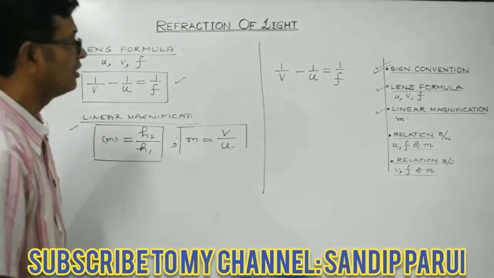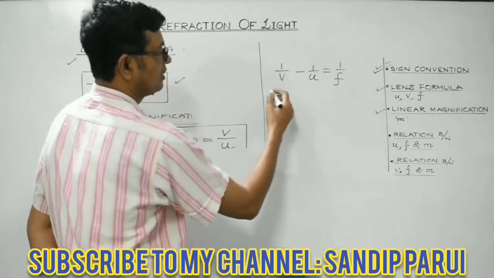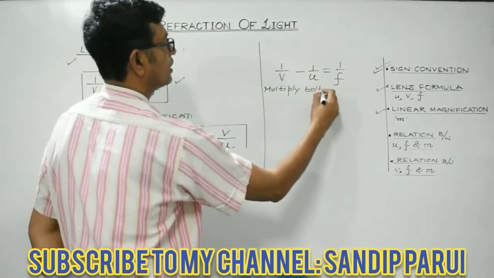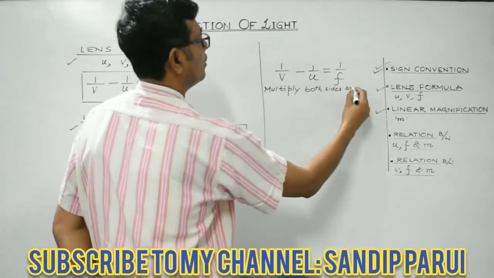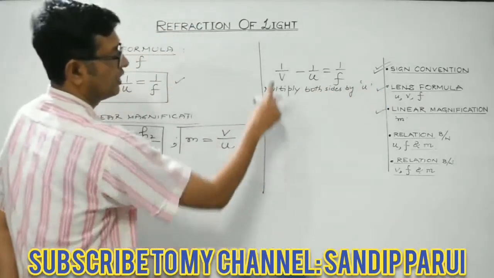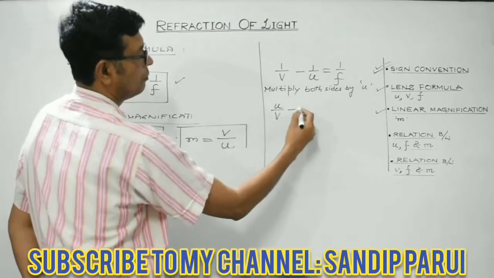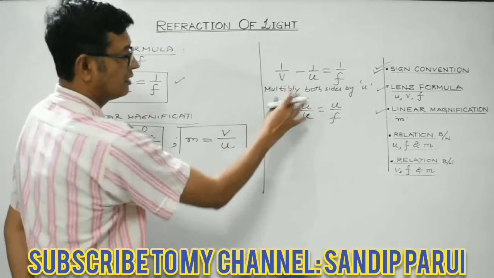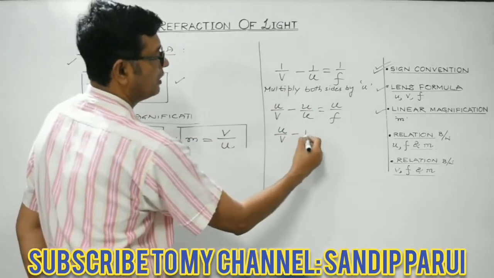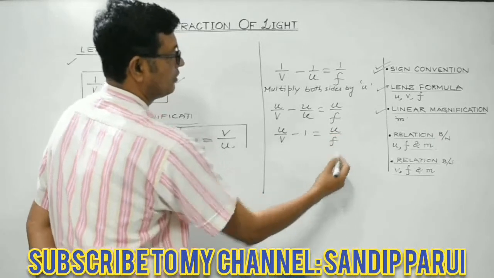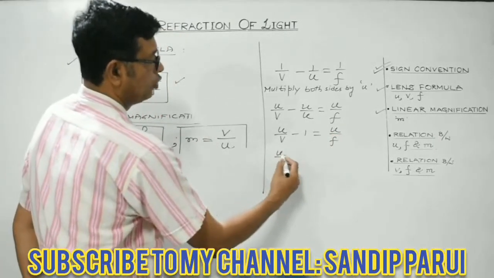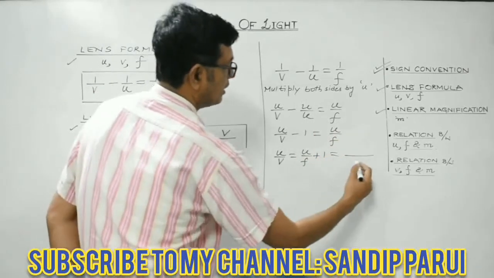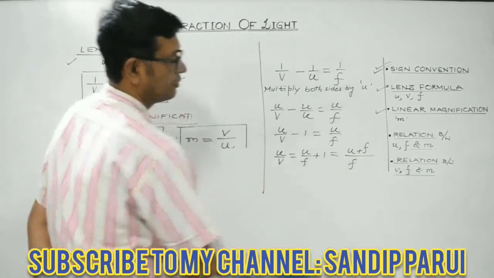So let's multiply both sides by u. So over here we will get u by v minus u by u is equal to u by f. We can write it like this, so the next step will be u by v minus 1 is equal to u by f, or u by v would be equal to u by f plus 1. So taking LCM we will get u plus f by f.